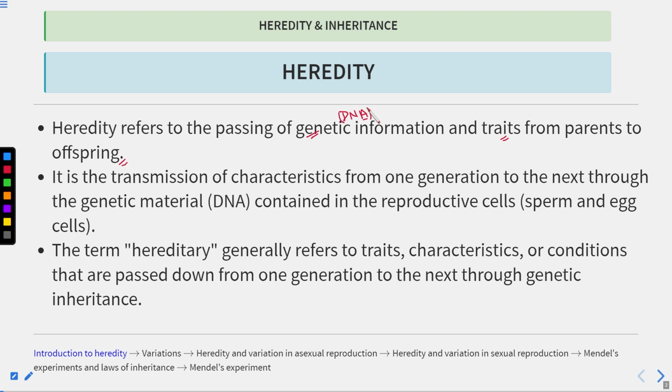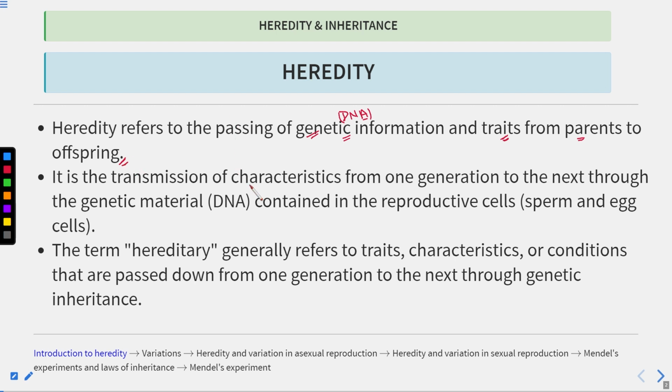So the transfer of the genetic information as well as the traits. These traits are determined by the genome of the organisms, or you can say the genes, or the DNA. Okay, so the passing of the information and the traits from the parents to the offspring or the progeny is known as heredity.